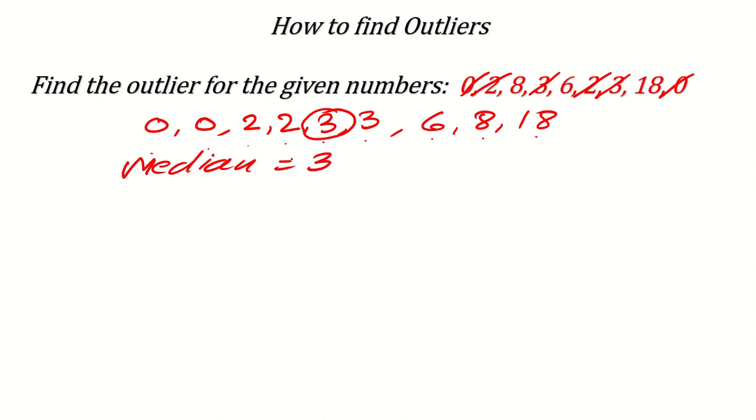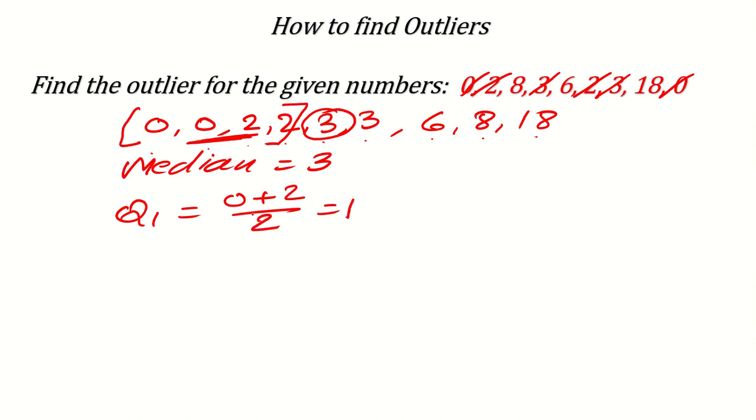Median means second quartile. Now what about the first quartile? I told you the first quartile will be the center number of the first half. In the first half you have two numbers, so Q1 is equal to 0 plus 2 divided by 2, which is 1. The third quartile will be the center number of the second half.